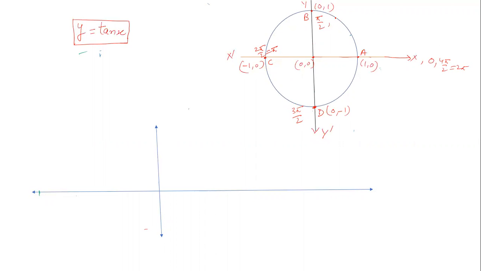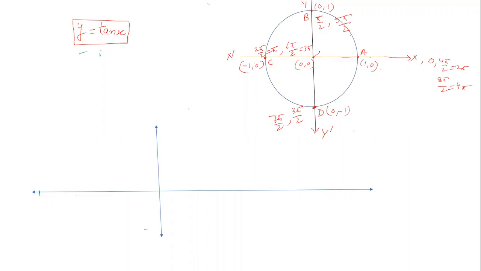Similarly again we go 5 pi by 2, 6 pi by 2, that is 3 pi, 7 pi by 2, 8 pi by 2, that is 4 pi, and so on. We can go like this.